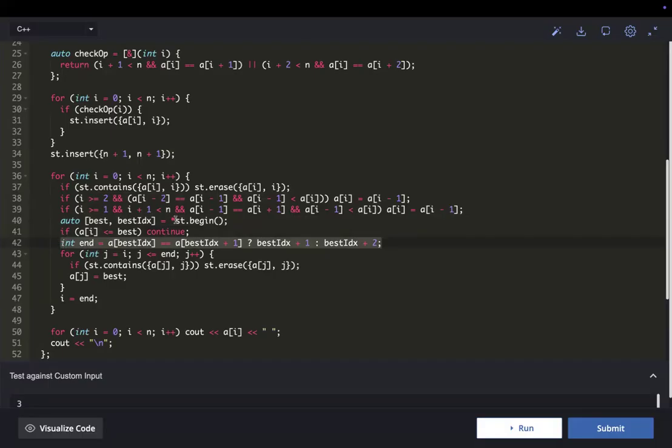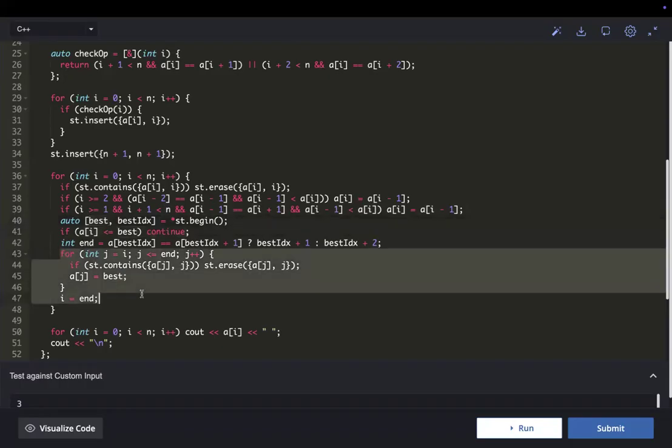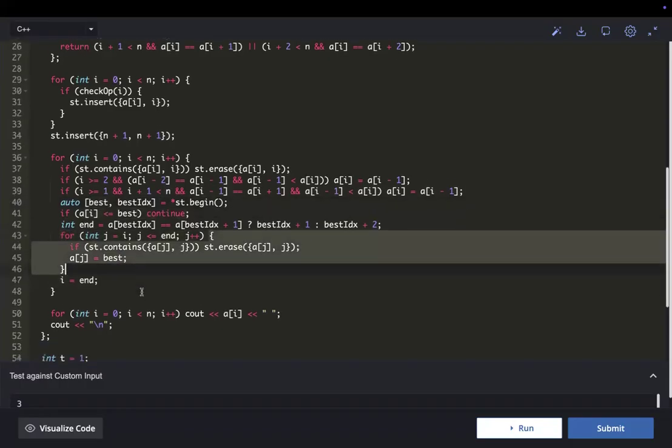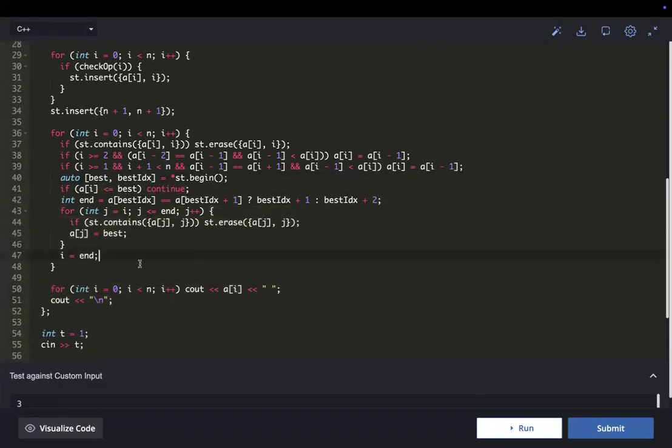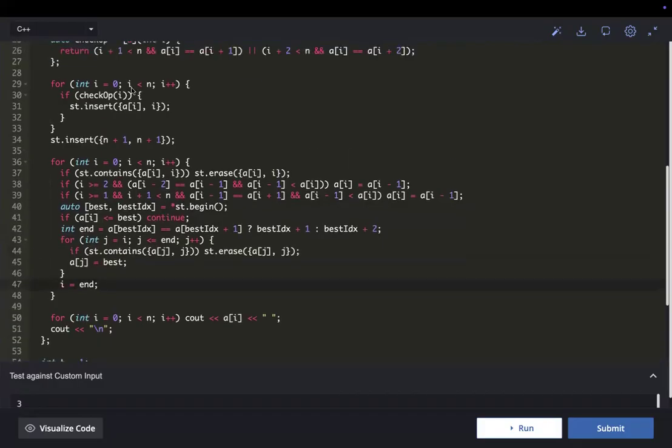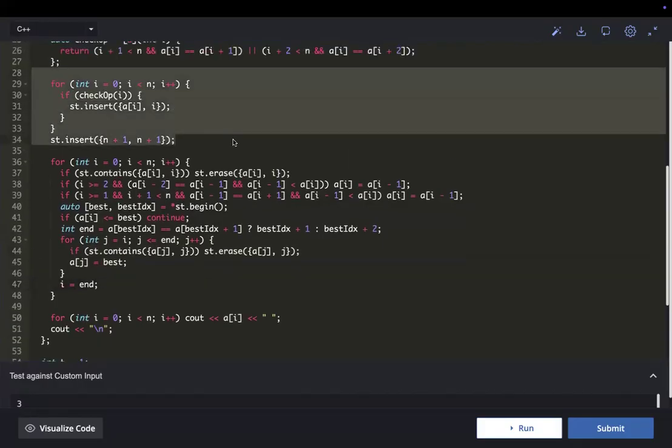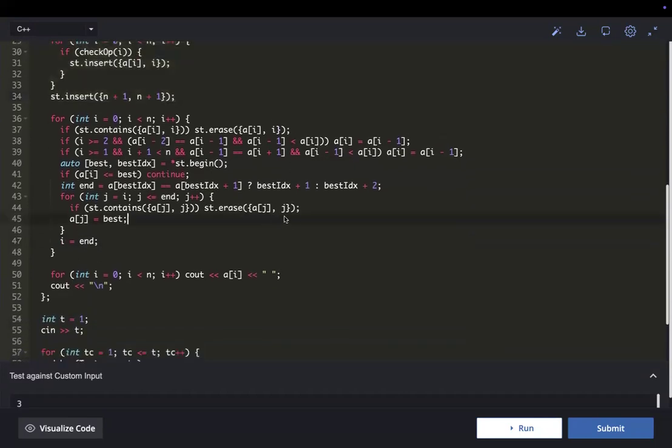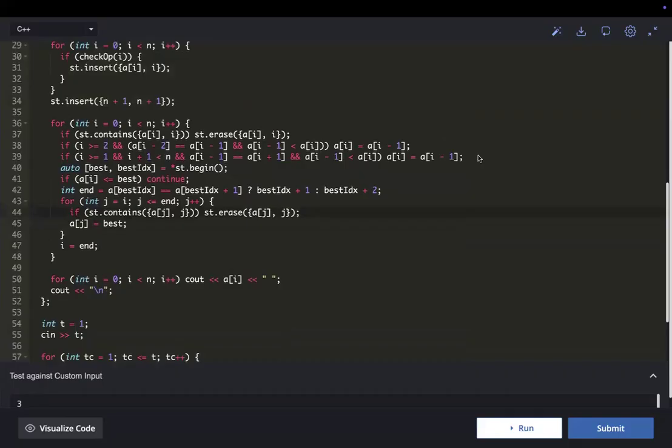If I decide to make the current element equal to the best possible value I can obtain, then I am just updating those values, and then I print the answer. The part related to set is very specific to my implementation. You might have a different implementation. You might consider using maps or something. That's up to you.